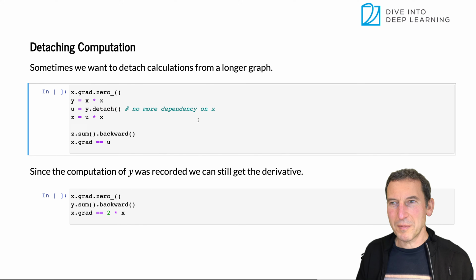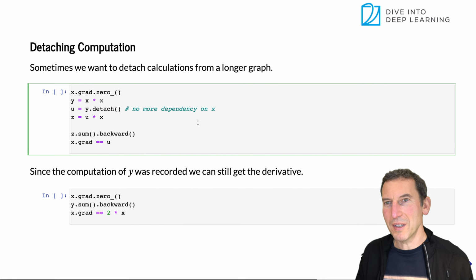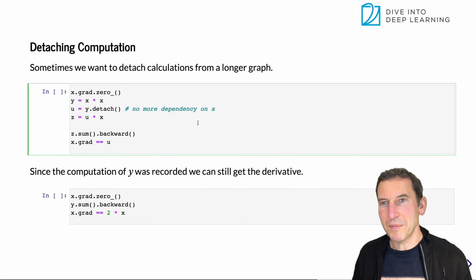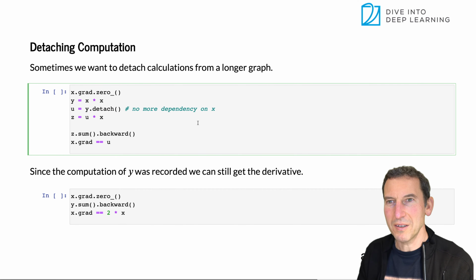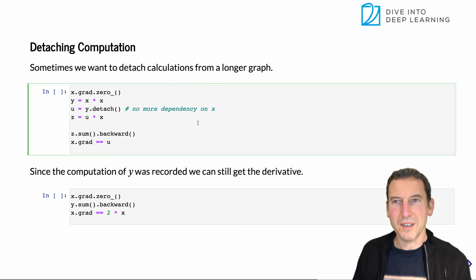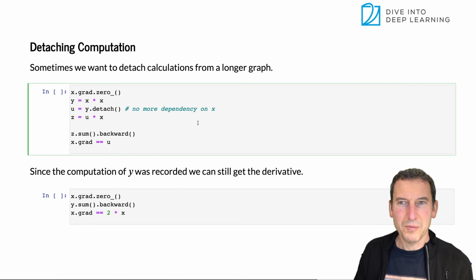Now, we talked quite a bit about detaching the computation, so let's actually look at what happens there in detail. Okay, so we again nuke our gradient, y is x squared. We now detach y from the graph, so we get u, and then we compute z, and now we can go and compute the derivative of z with regard to x.